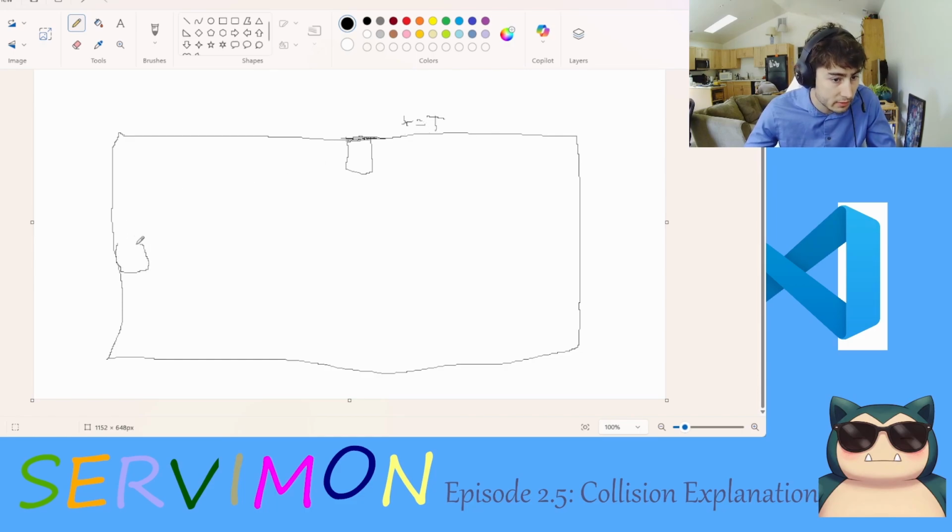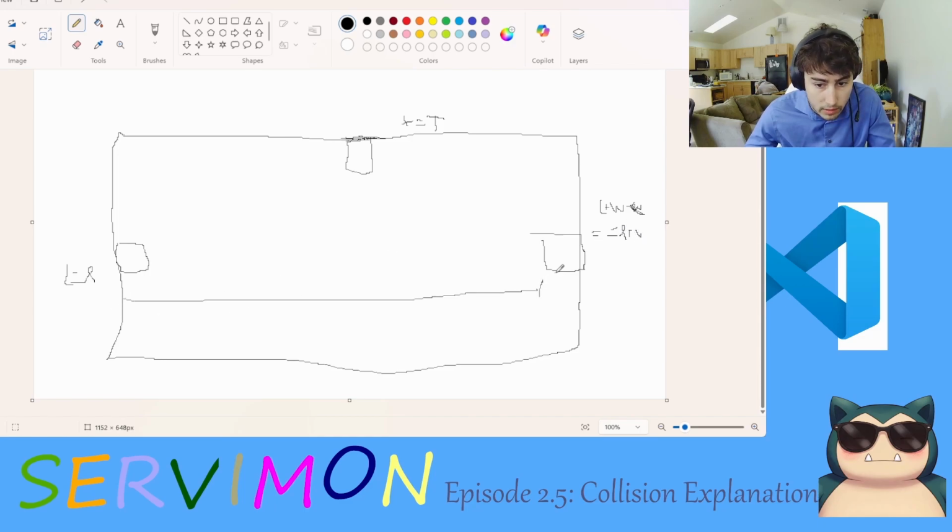If big L equals little l, you're on the back edge. If big L plus big W equals little l plus little w, right? Because that's the right edge, the left plus the extra of the width.